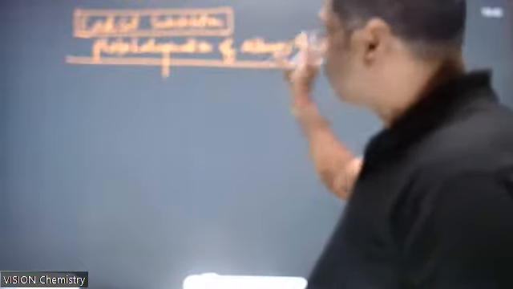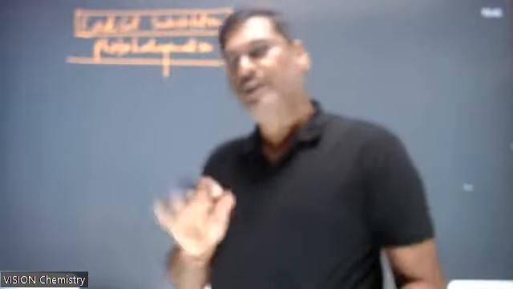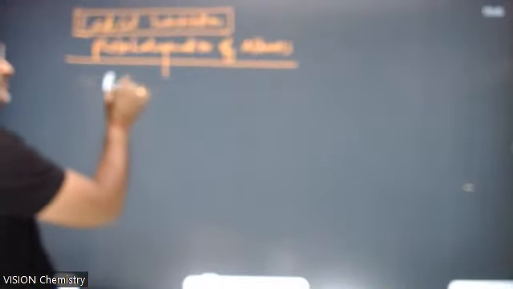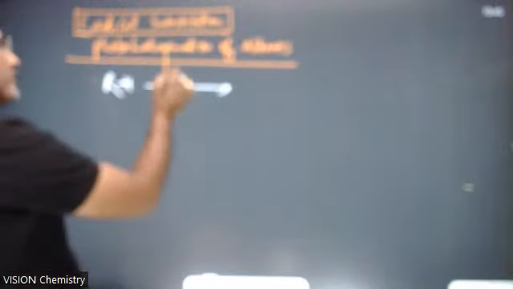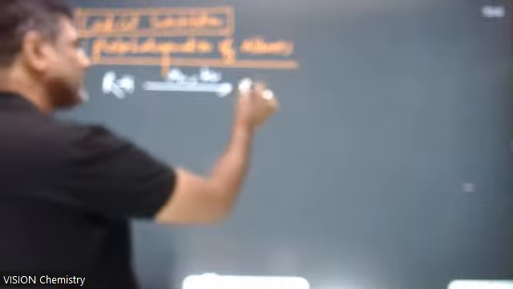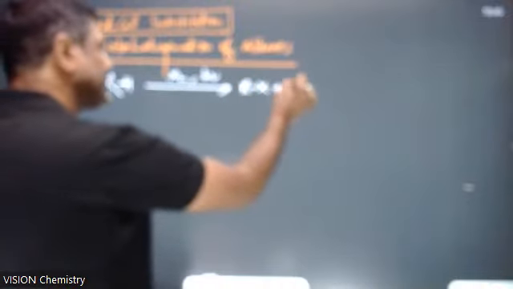So photohalogenation of alkanes, I take here the simple example: RH reacts with X2 in the presence of h nu, sunlight, that gives RX plus HX.